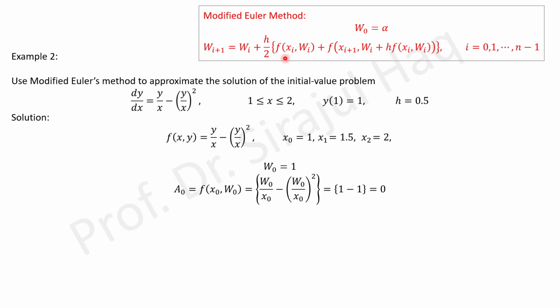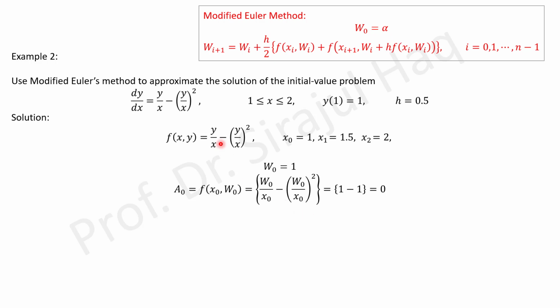When i is equal to 0, I have f of x naught w naught. So I denoted that by a naught. This is just the notation I'm using. You can use any other notation. You can straightforwardly substitute the values in this equation. I'm dividing this into pieces so that the possibility of error decreases.